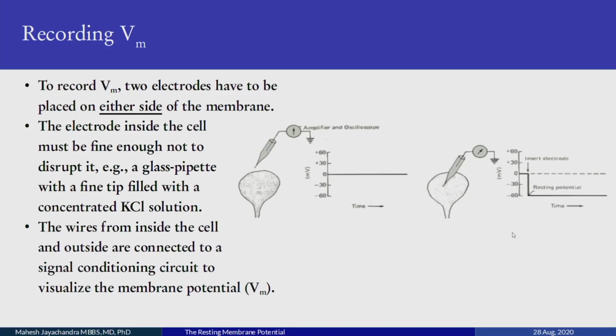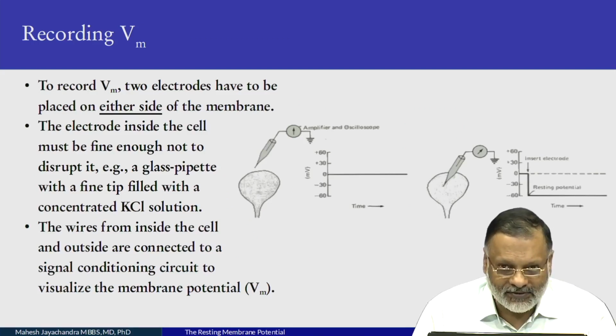So how do we first record it? Essentially we have to place two electrodes on either side of the membrane to record the potential difference on either side of the membrane. First of all, the electrode must be fine enough that it doesn't disrupt the cell. So as we mentioned earlier, you have a glass microelectrode with a silver wire connected to the signal conditioning circuit, and this is when it's outside the cell.